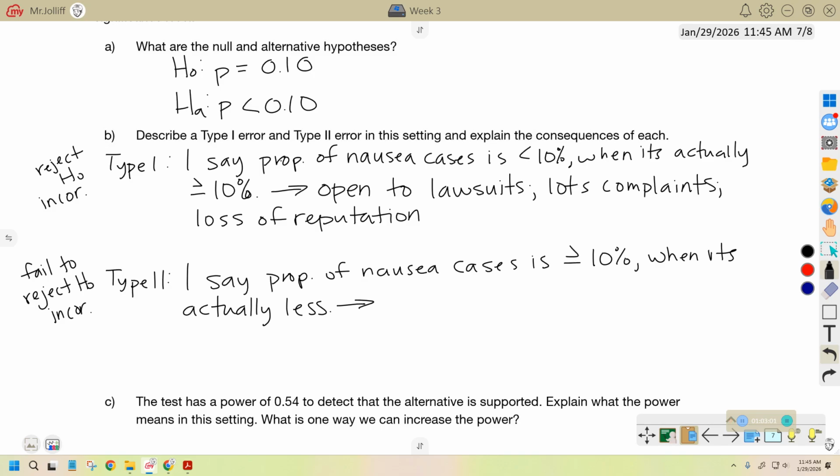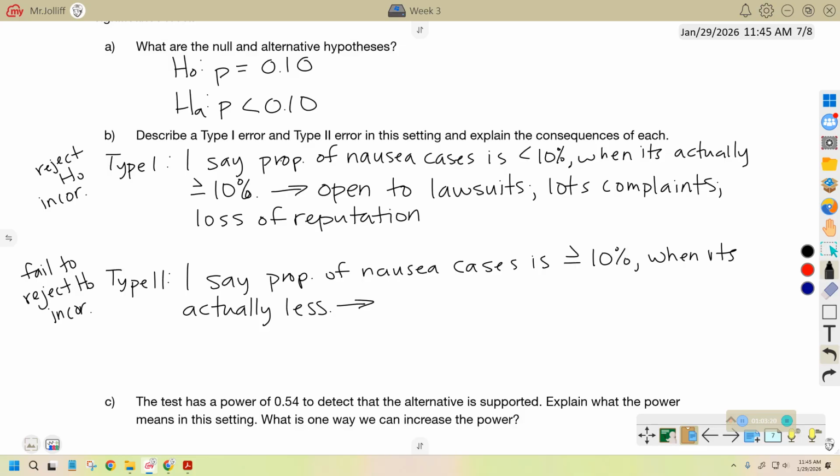So I am a drug manufacturer. I have produced this new drug, and my consulting statisticians have done tests of samples, and have told me that 10% or more of patients are going to experience nausea as a side effect.